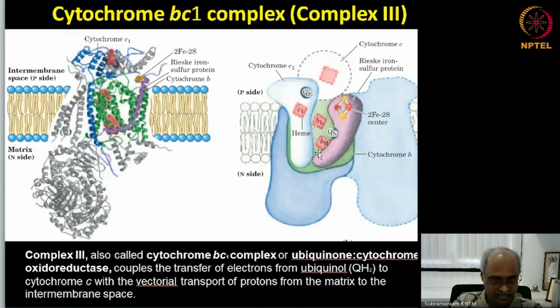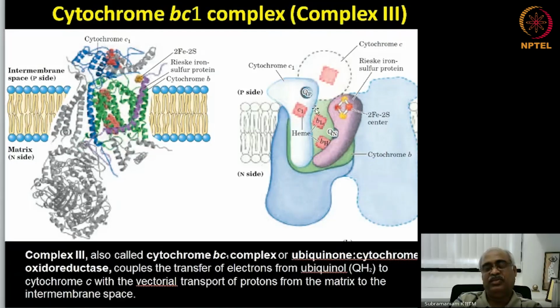And within this you have these cytochrome C1's heme moieties, 3 heme moieties shown here. And this is the iron sulfur center of the Rieske iron protein. So these are the ones that are involved in the electron flow.